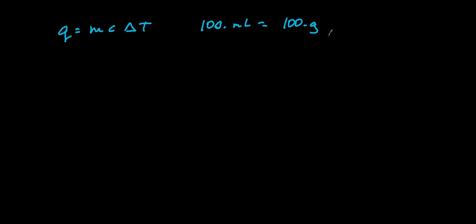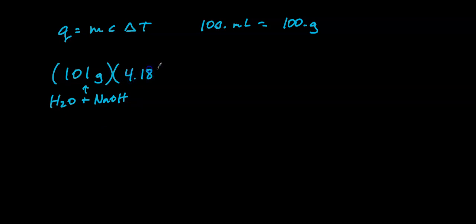However, we're dissolving 1.10 grams of some other substance in water, so technically our total mass is the sum of the water and the sodium hydroxide. So we're going to have a total mass of 101 grams. So this is water and sodium hydroxide. Very important for this type of calculation. We'll assume that the specific heat of this solution, which is almost entirely water, is the same as water by itself. Our change in temperature is 3.2 degrees Celsius.